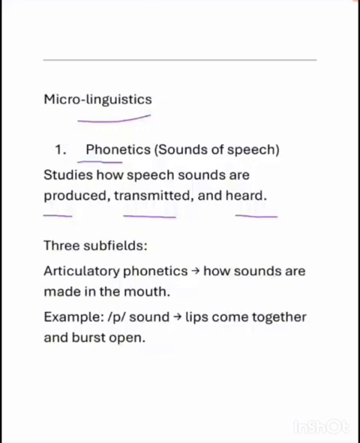There are three subfields. Articulatory phonetics deals with production. For example, when we pronounce P, both our lips come together, and when we open our mouth, they burst open.